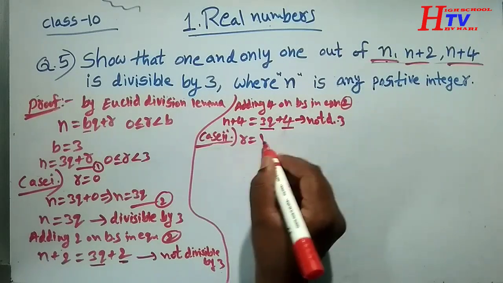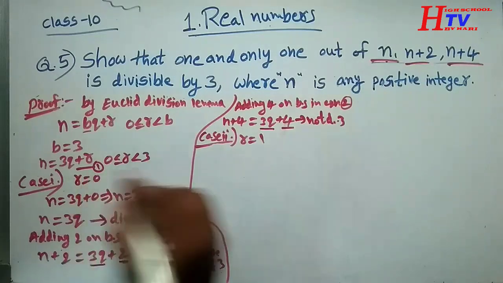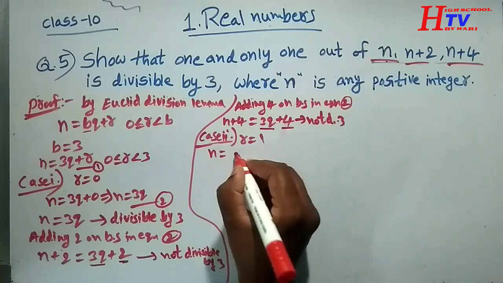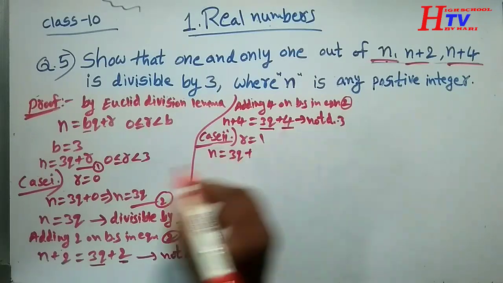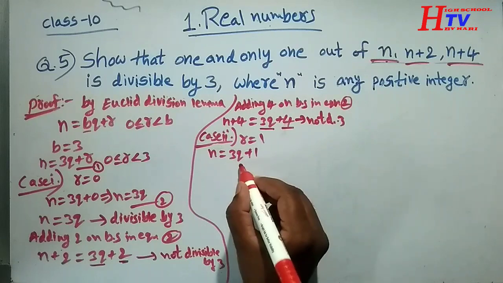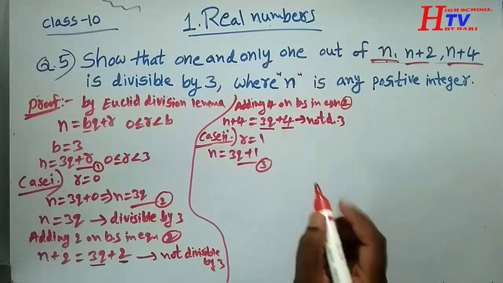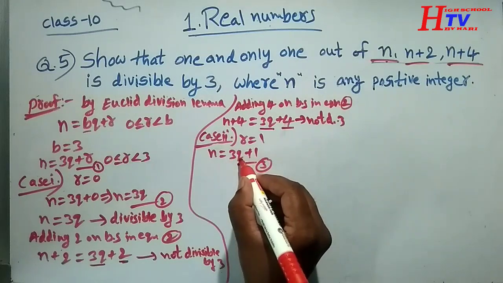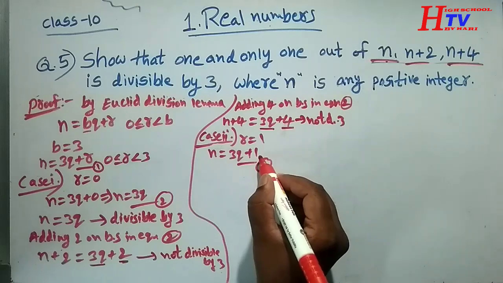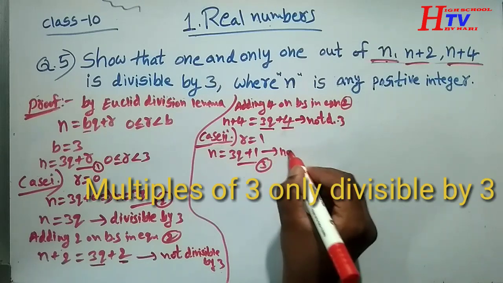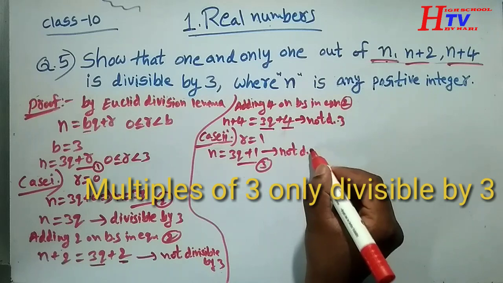Case 2, remainder r equals 1. From equation 1, n equals 3q plus 1. Say it is equation number 3, and it is a multiple of 3 and it is not a multiple of 3. Hence it is not divisible by 3.